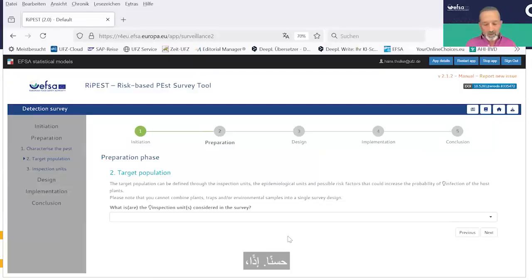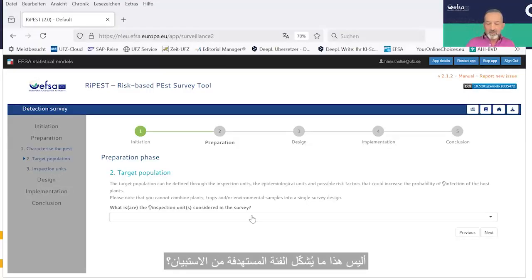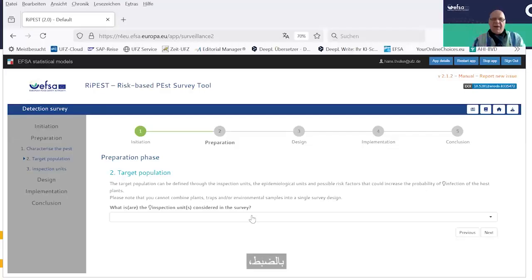So what is the actual inspection unit of our survey? Well, this is the target population of the survey, right? Yes. And what is the inspection unit of the target population? Well, isn't that what constitutes the target population of the survey? Yeah, exactly.